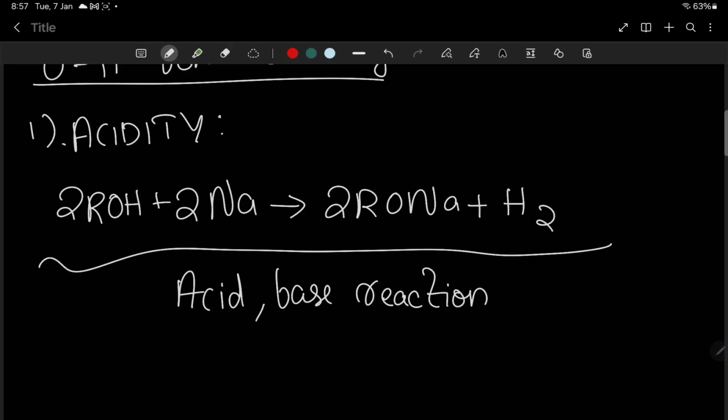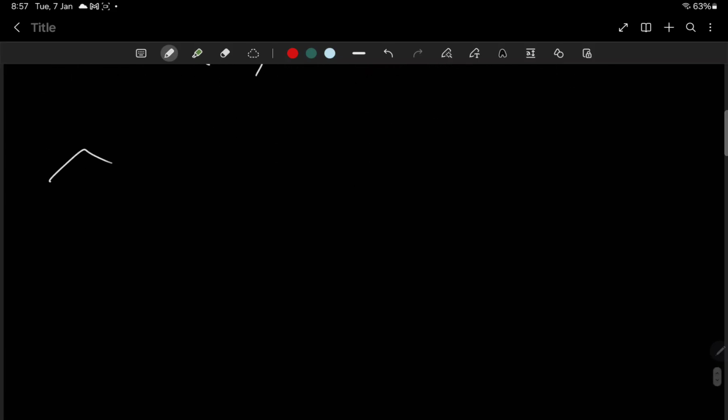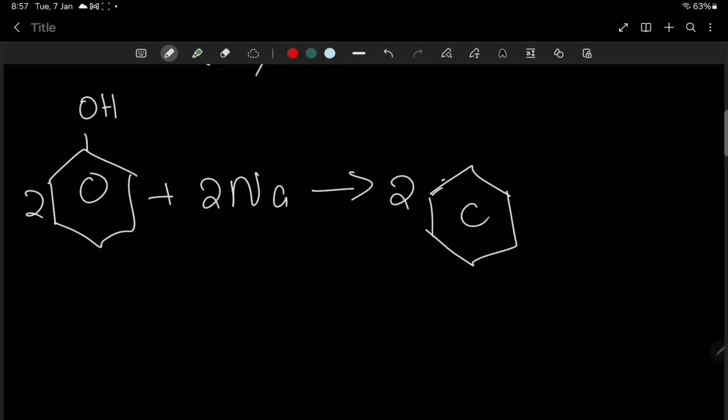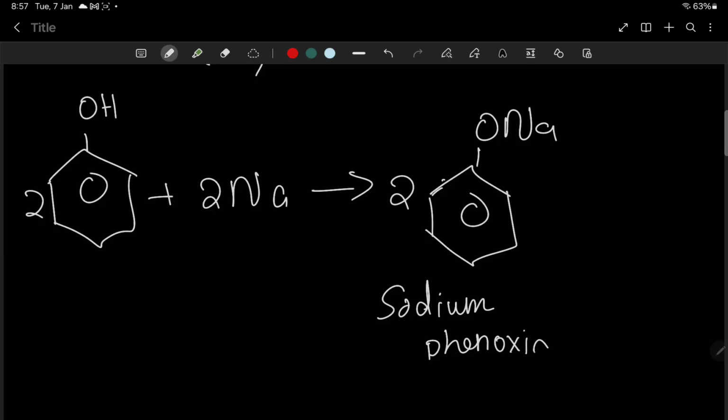Okay. This compound is called sodium alkoxide. If it was phenol also, we'll get something like this. I'll take phenol, add 2 Na, 2 phenol, 2 Na. We get 2 ONa, that is sodium phenoxide, plus H2.